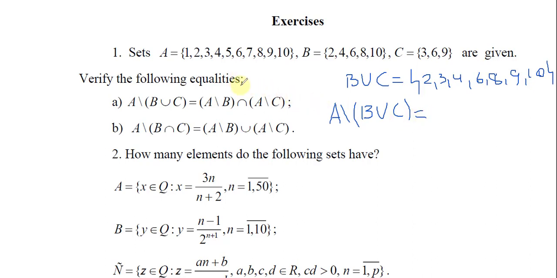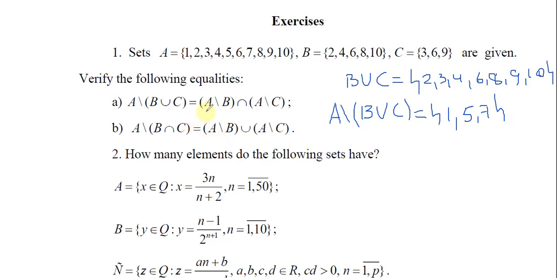so what we have, it is 1, 2. The A set is the set of numbers from 1 till 10. Which numbers don't we have here? 1, 5, 7. That's all.